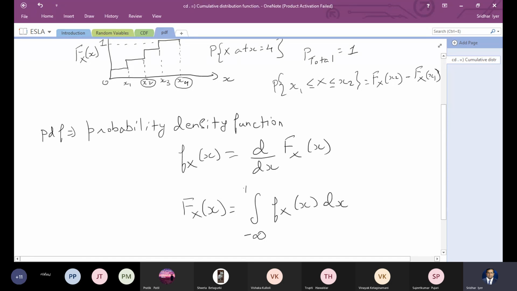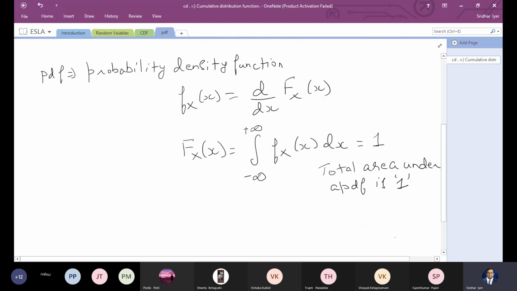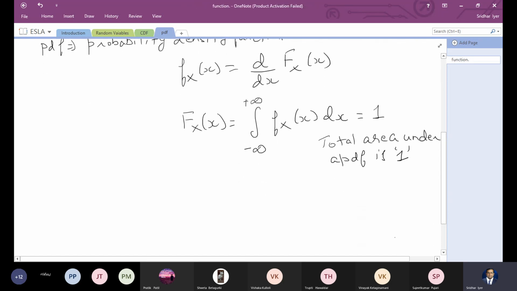So the highest value is positive infinity, and the total area under this integral is 1 because the total probability is always going to be 1. So the total area under a PDF is 1. This is a very important property, and it will help us in solving many numericals.